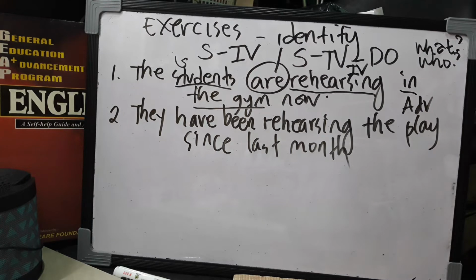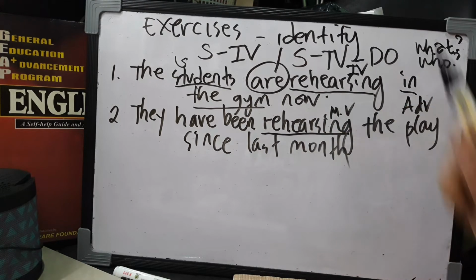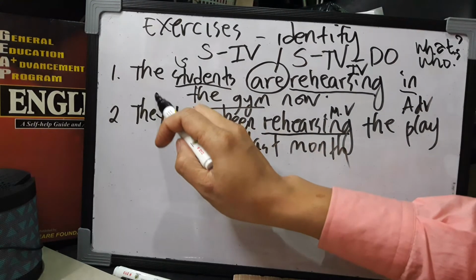Okay, so this sentence, guys, the pattern is STVDO. Why, teacher? Okay, so again, what is the verb here? What's the main verb? It's rehearsing. Rehearsing is the main verb. Of course, they is the subject.